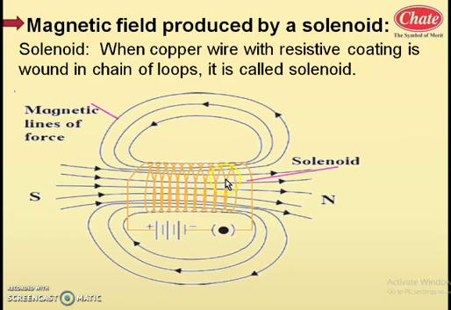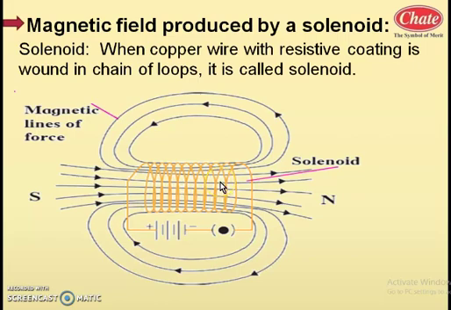And outside the bar magnet or outside this solenoid, the magnetic lines are curved ones that start from the north pole and end at the south pole. See here in the diagram, from the north pole the magnetic lines emerge out, and at the south pole these magnetic lines are entering. So these are the magnetic lines of force, and this is the solenoid spring type structure.